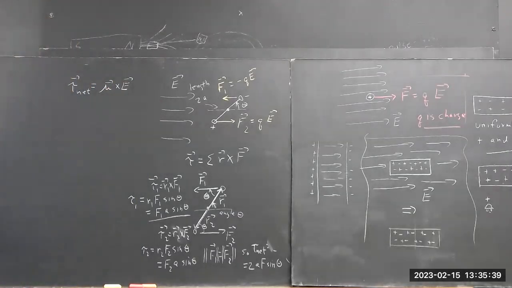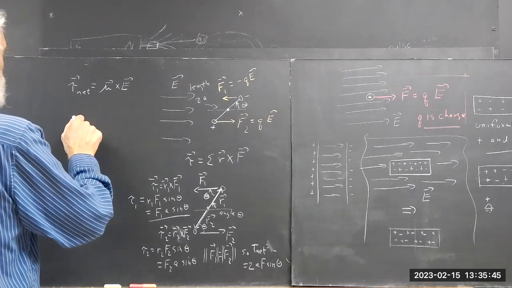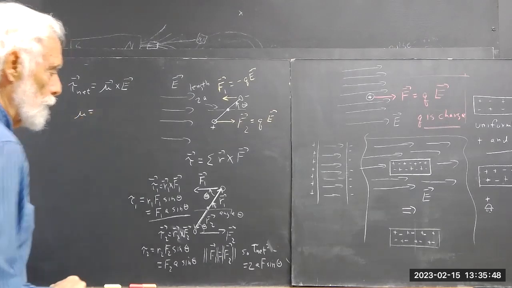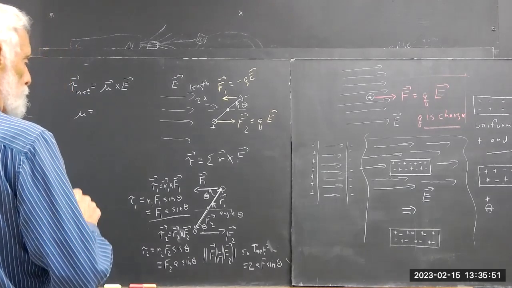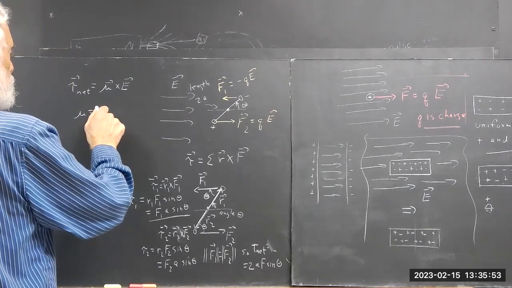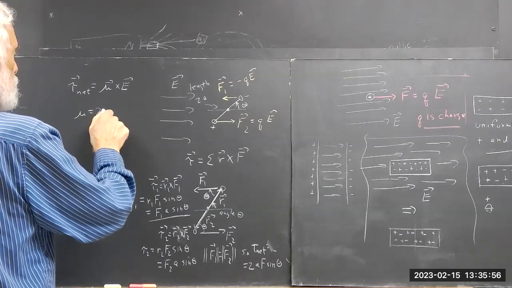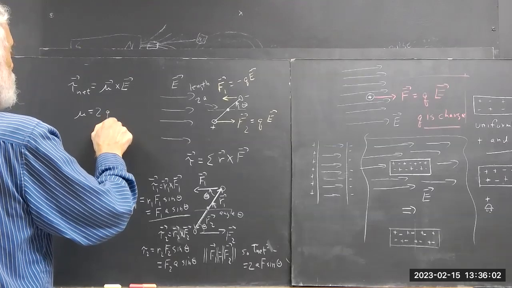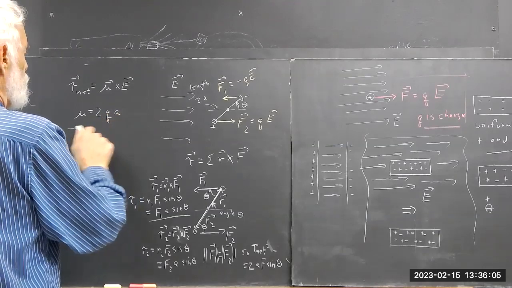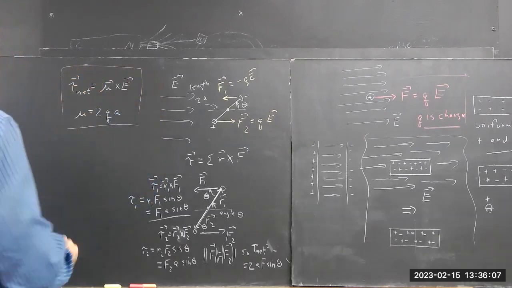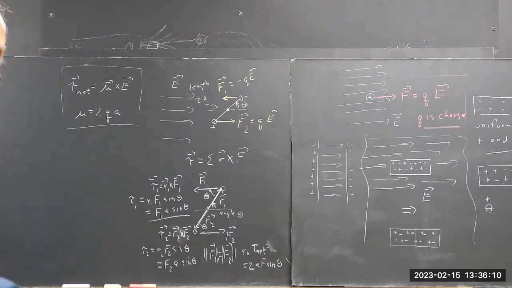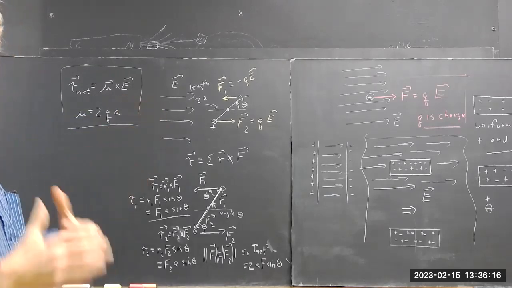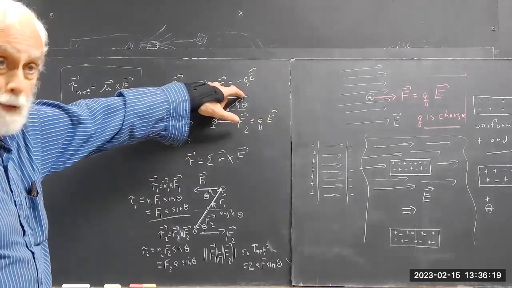Cross product of mu with E, for mu equals 2AF. I'm not even sure that's totally right. I should have looked at it. This is the idea. It's just something you can cross with the electric field to get the torque. And you don't have to worry about all the details.